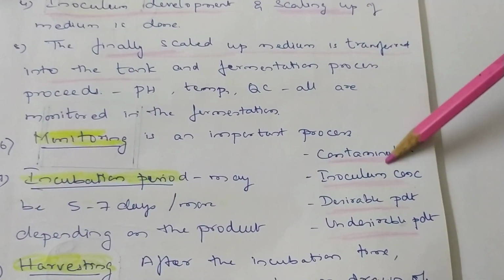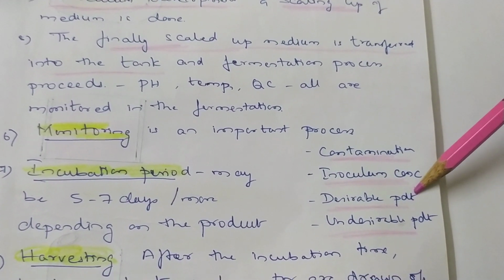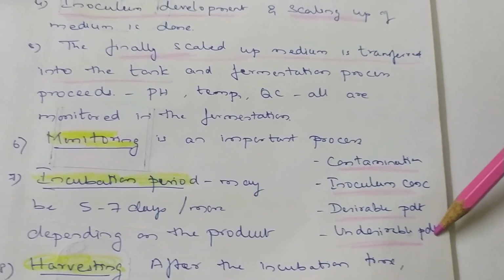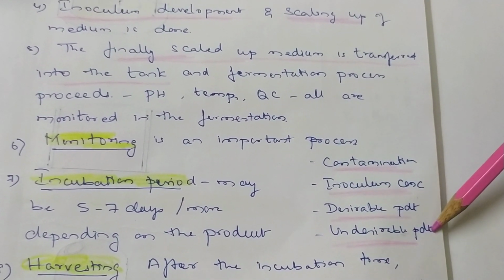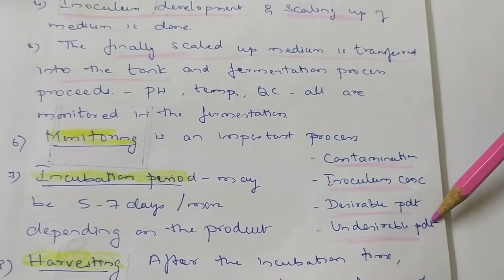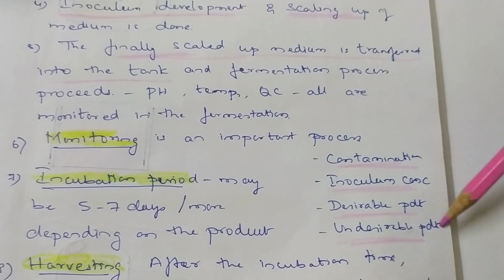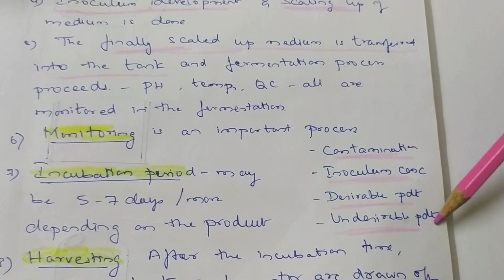So what do we monitor generally? Contaminations, inoculum concentrations, desirable products, and undesirable products. Please remember, desirable products should always be higher than the undesirable products. You cannot avoid them. They will be produced during the fermentation process, but it has to be monitored. So we have to make sure that it is higher than this.